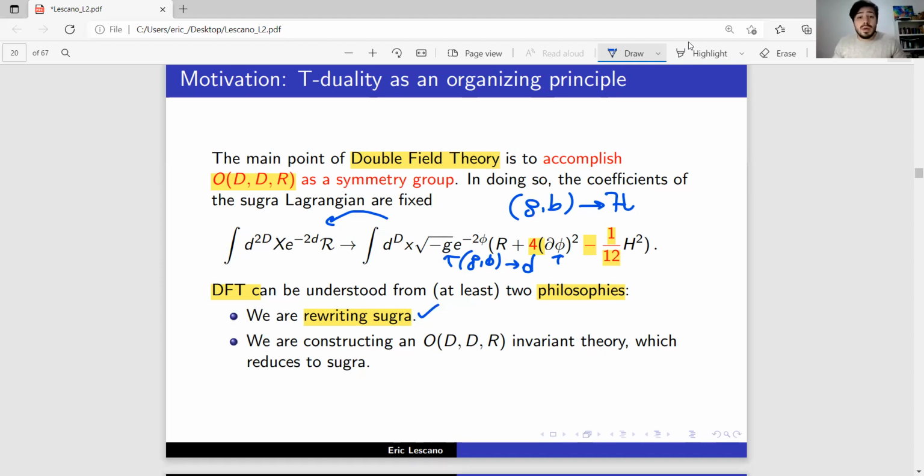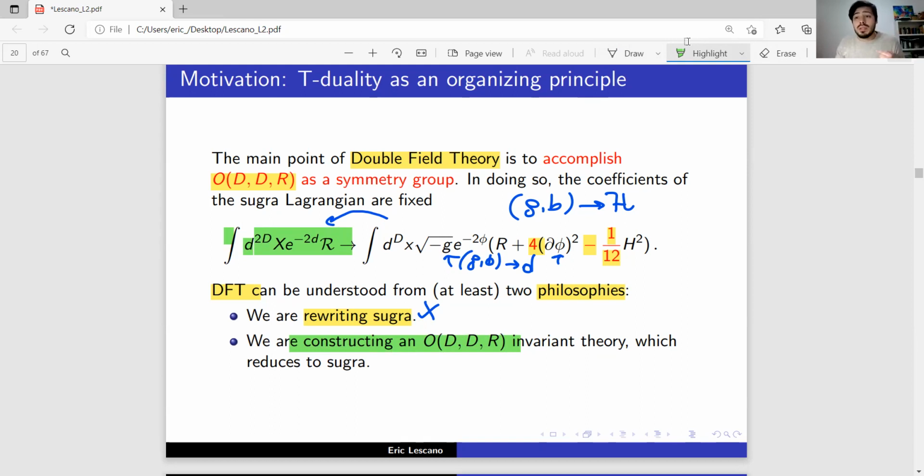But there's another way that it's important to us. We are always thinking with the second philosophy. We are not thinking as a rewriting. We are thinking that we are constructing an O(D,D) invariant theory. We start with this. We start here. This is our starting point. We construct an O(D,D) invariant theory, and then this theory reduces to supergravity.